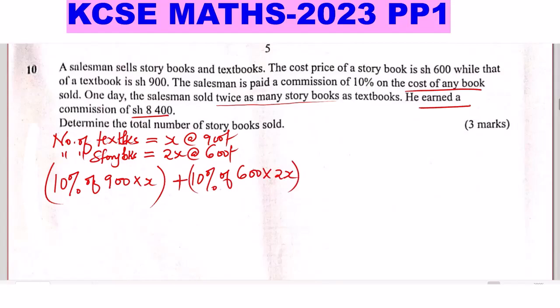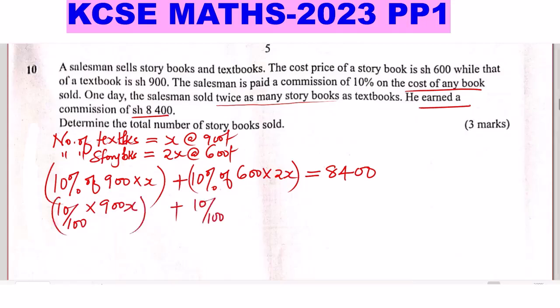When you add these, the total will give 8,400. So we work this out: 10%, same as 10 over 100, multiplied by 900 times x, 900x, plus 10 over 100 times 600 times 2x, that will give 1200x, which should give 8,400.